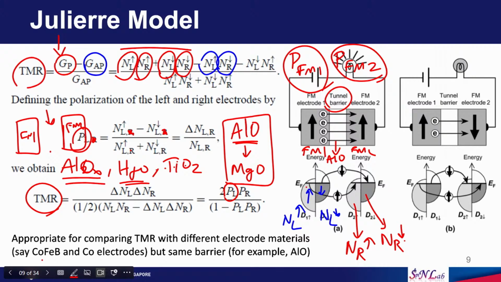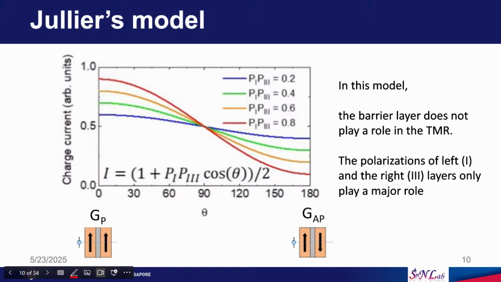So, it only considers the probability for electrons to tunnel from one side to the other side based on the ferromagnetic density of states. Okay. So, this model explains TMR only based on the ferromagnetic layer properties, it ignores the barrier layer property. So, if you look at some results like this, here it is talking about polarization of the left side electrode, right side electrode and so on.